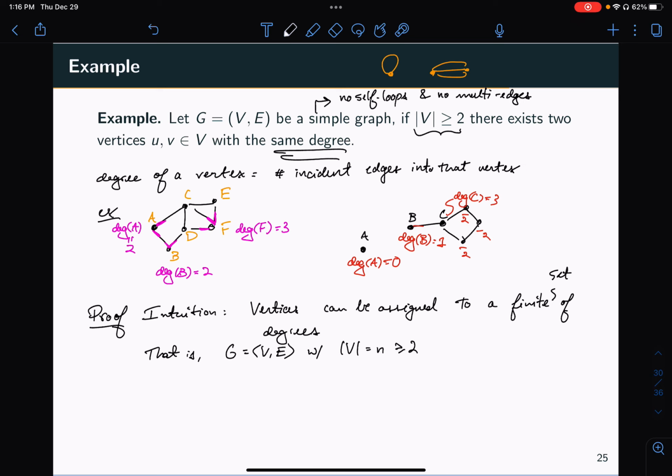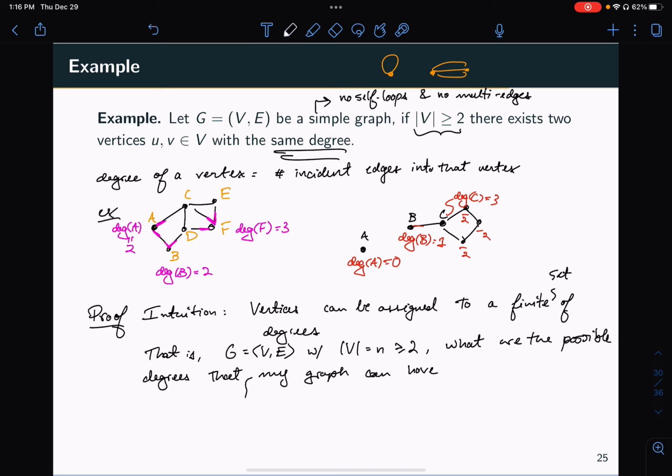So I have n vertices. Now, what are the possible degrees that the vertices of my graph can have?